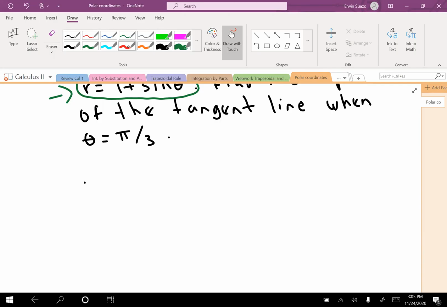So if you want to find the area enclosed, no, the area of the region enclosed by a polar curve, you use this formula. It's integral between a and b of 1/2 f of theta squared d theta.